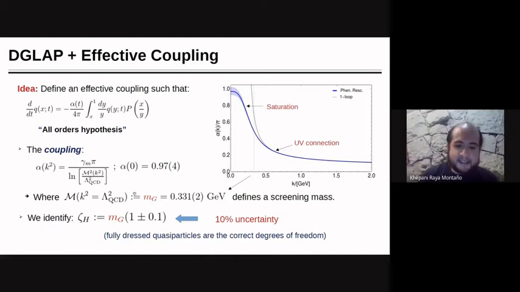And thus, we identify this screening mass as a hadron scale. And since we are conservative people, we introduce a 10% uncertainty on the hadron scale.